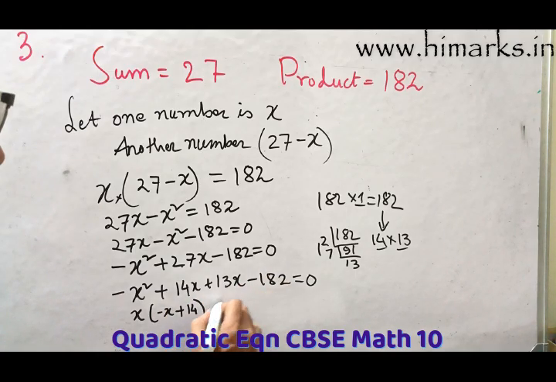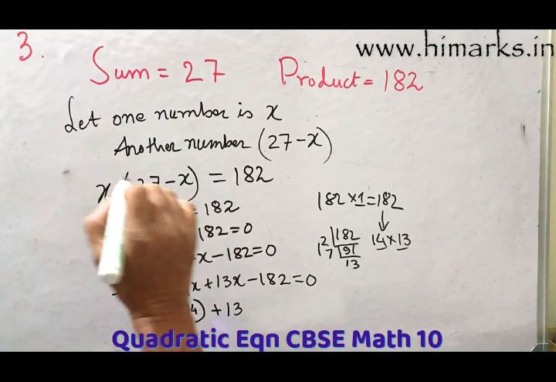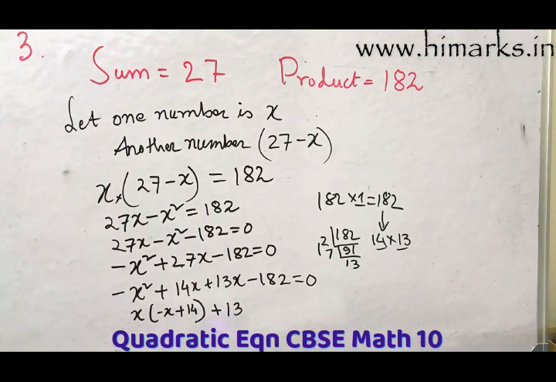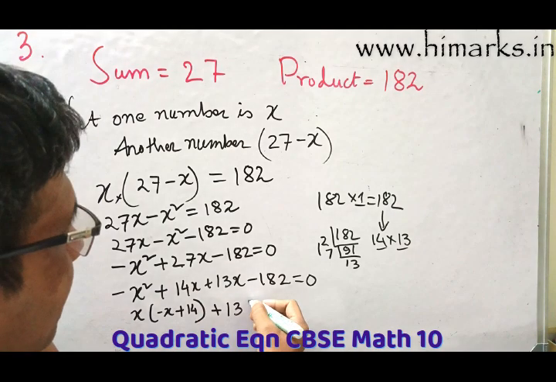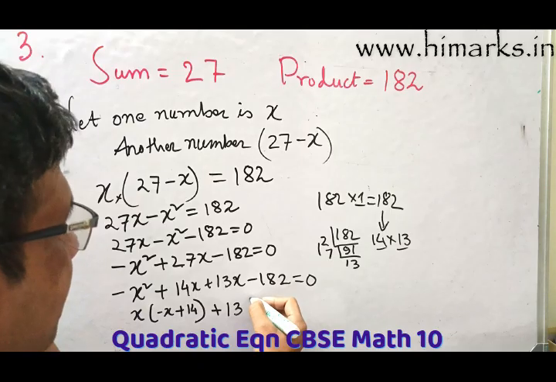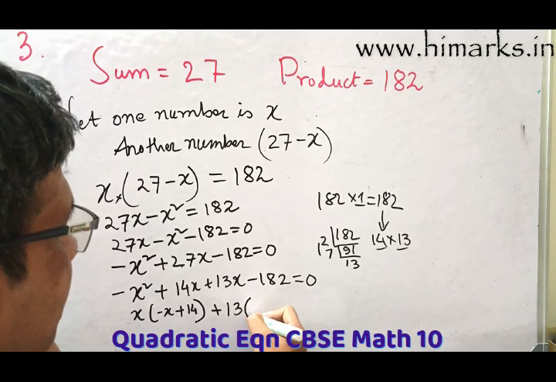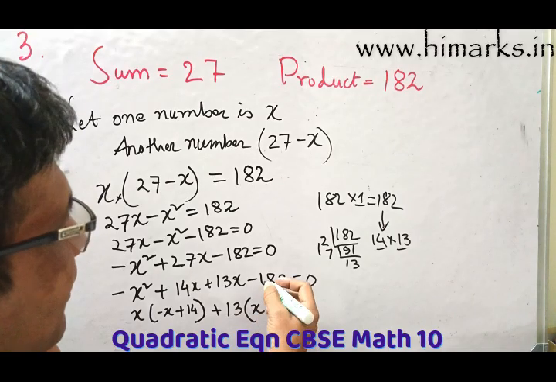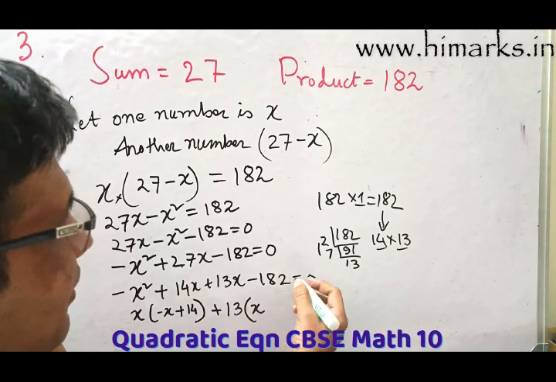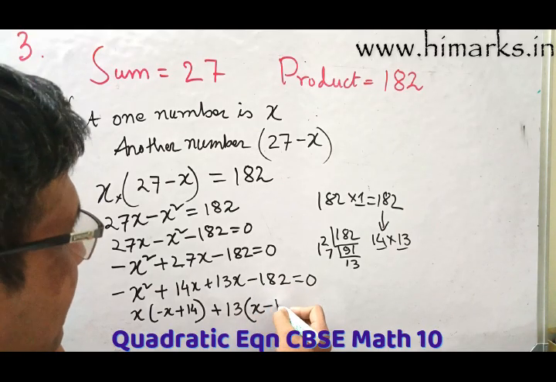Between these, surely 13 will be common here. If you take 13 common here, what you get here is x and you will get 13 into 14, so minus 14.